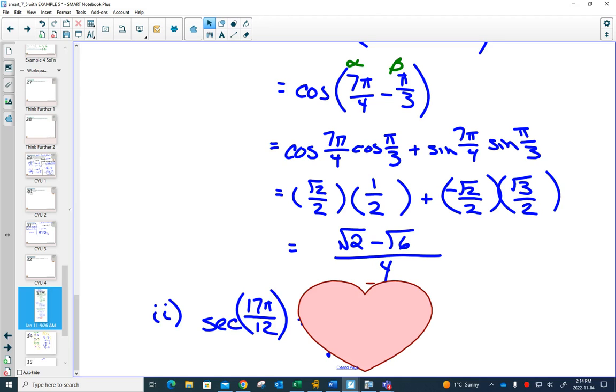So what would secant of 17 pi over 12 be? And this would be a 1-mark question. Part A would be 3 marks. You just figured out cos of 17 pi over 12, and you got the answer here, root 2 minus root 6 all over 4.